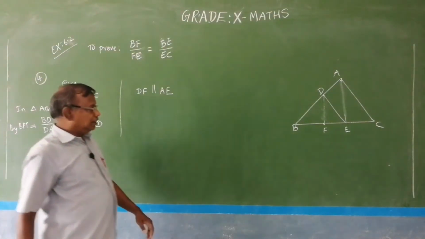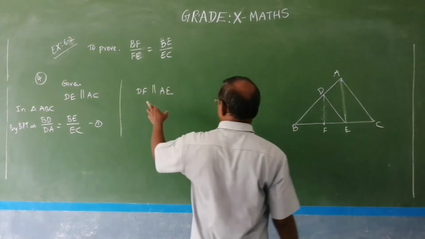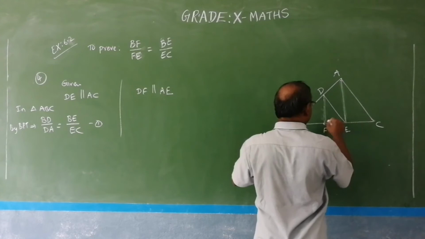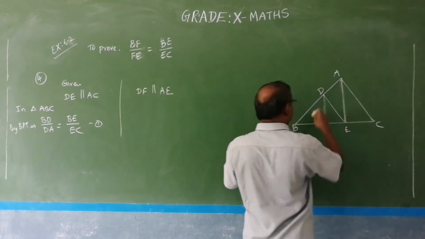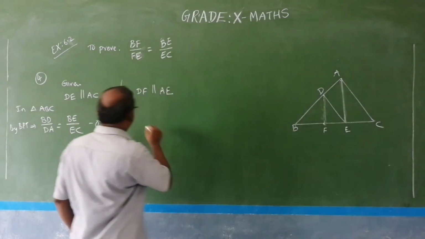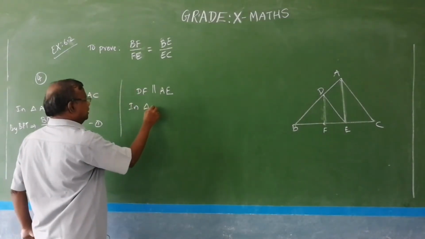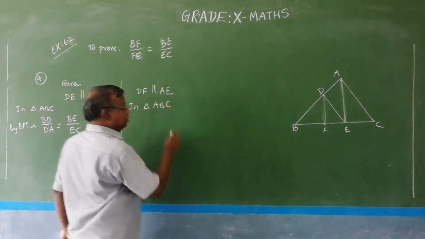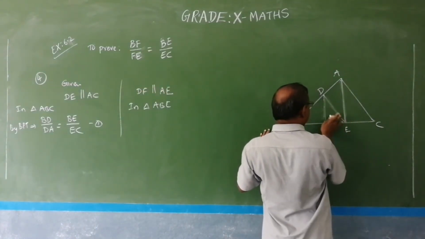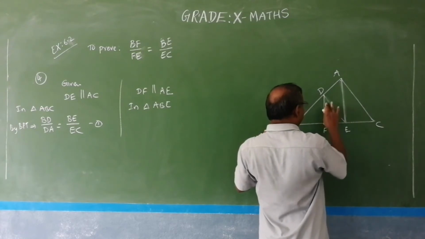And the next one, forget this. Now consider the triangle ABE. So consider this triangle only and forget this line.